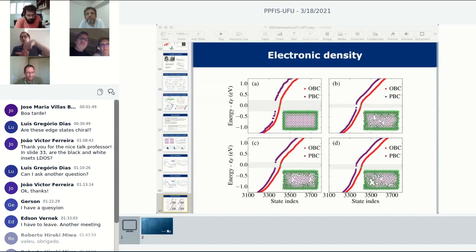If you do a little bit of smoothing, because of the granularity, you recover all these nice features of BHZ. It's incredibly good. Even the spread of the wave function of the local density of states once you go from the edge to the bulk.